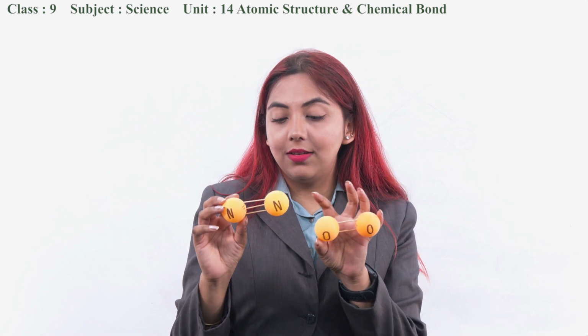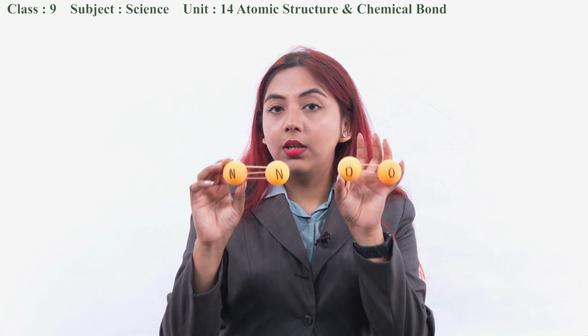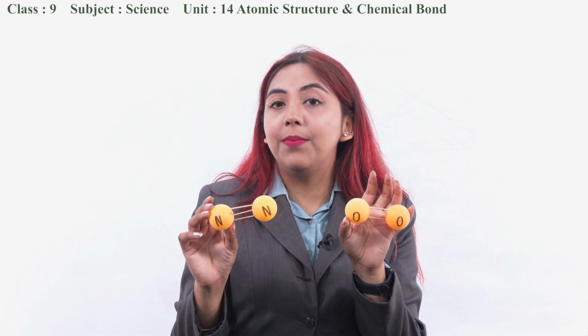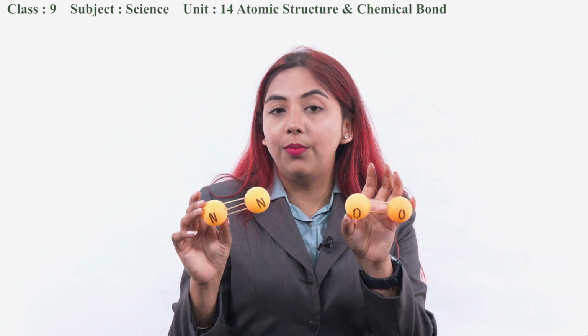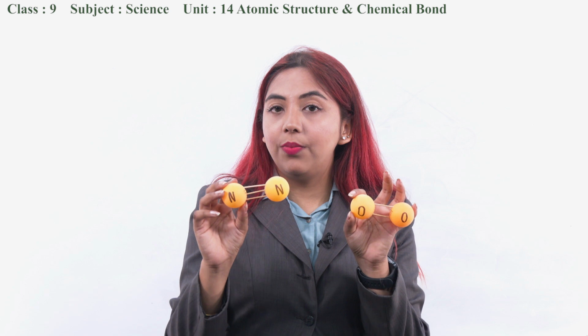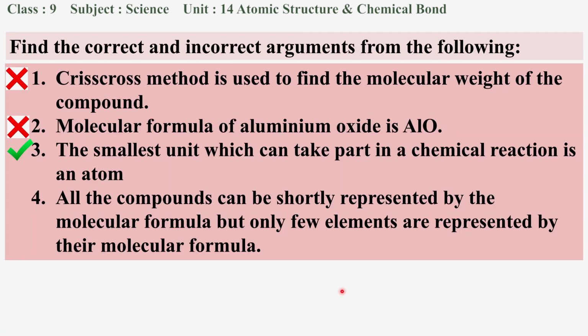They do not exist in a single atomic form. So they are diatomic molecules. So these types of elements are represented by their molecular formula, that is O2 and N2. So they cannot be represented just by their symbols. So that's why the fourth statement is correct.